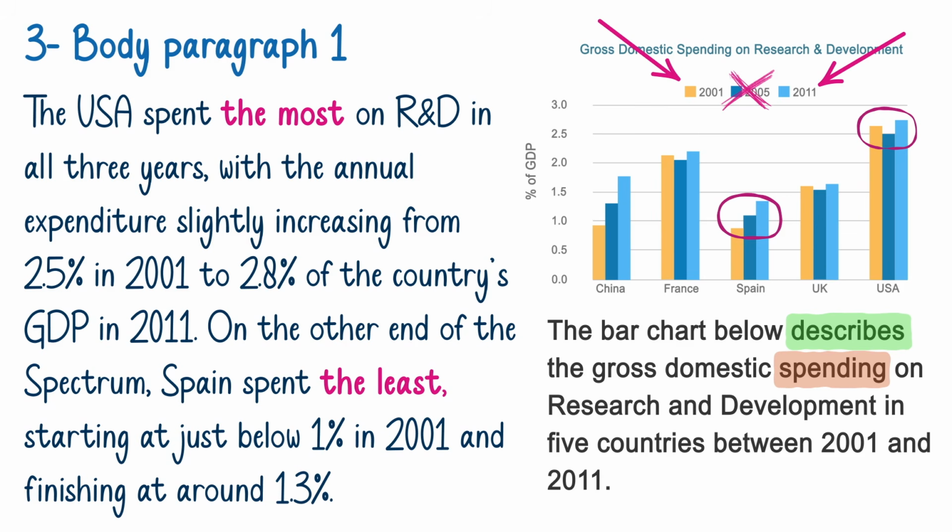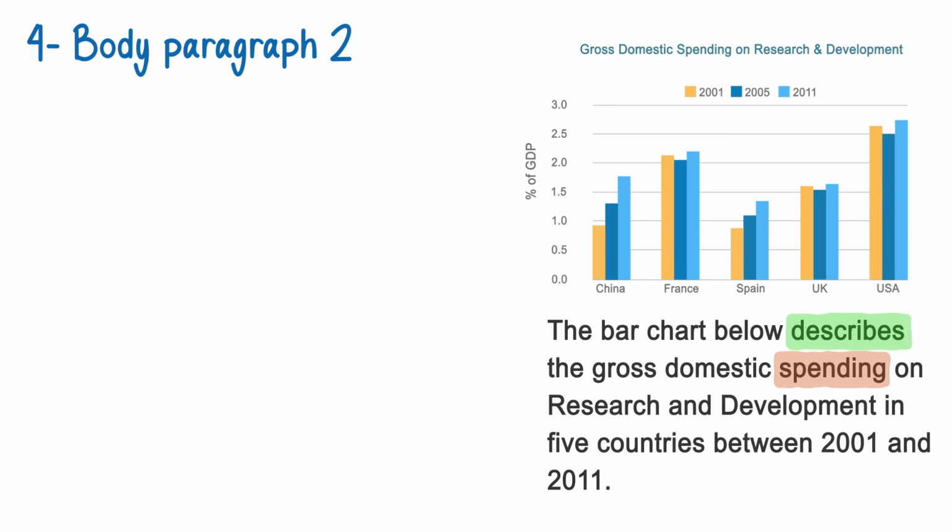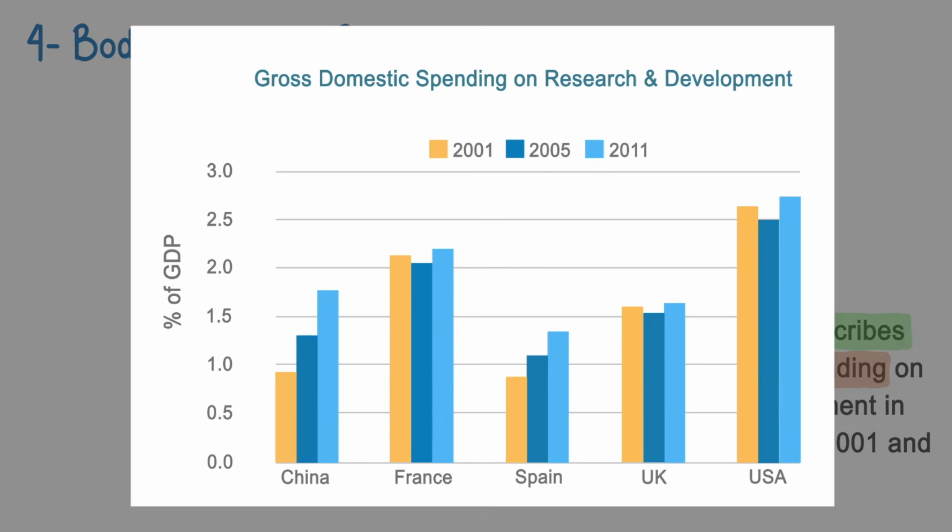Now, the remaining 3 countries should be explained in paragraph 4, or your second body paragraph. So, take a look at China. The beginning was around 1%, in 2001. And then it increased to around 1.4, and then to 1.8 in 2011.